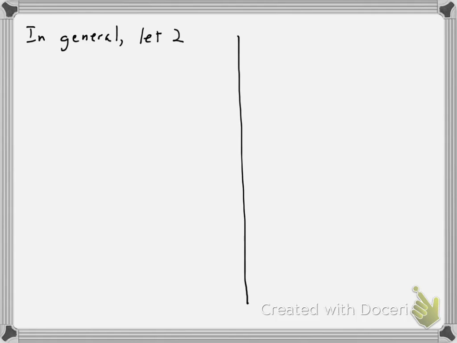So now I'm going to do an analysis of the complexity of this fast Fourier transform compared to just doing an ordinary discrete Fourier transform for a matrix. In general, I'm going to let 2 to the m equal n. So we have an n by n matrix; imagine that it can be written in the form of 2 to the m.